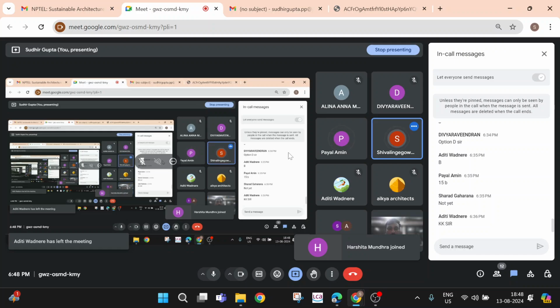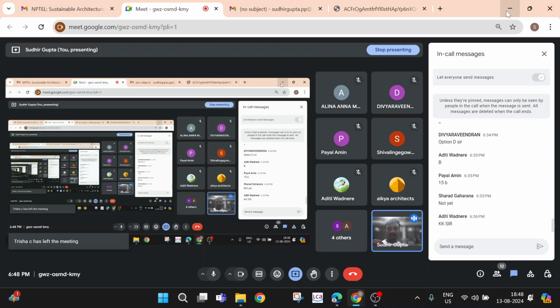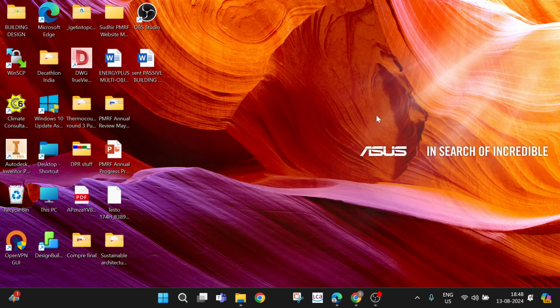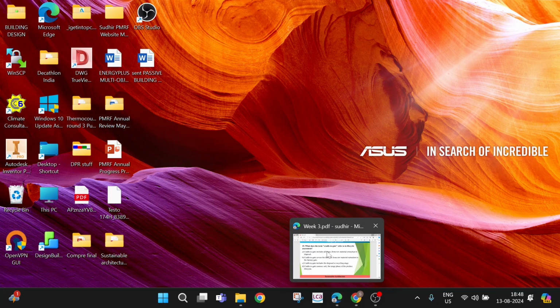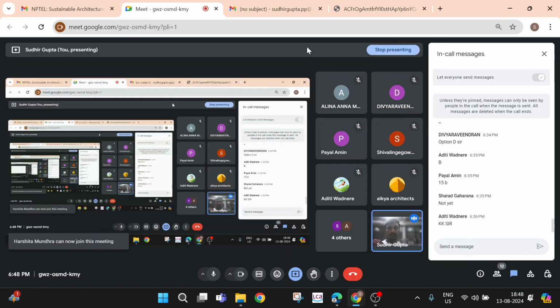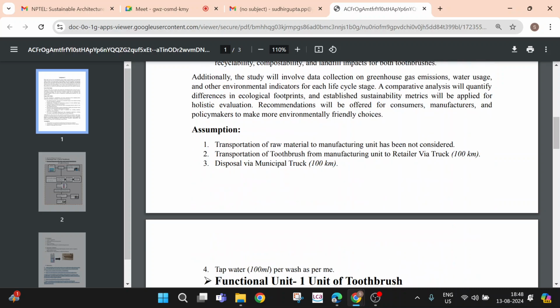Okay, so these six steps are there, everybody knows, but how do we interlink these six steps with the carbon footprint values? You will find that before starting these calculations, we have made some assumptions. For example, the transportation of the raw material to the manufacturing unit has not been considered, i.e. how much emissions it causes.